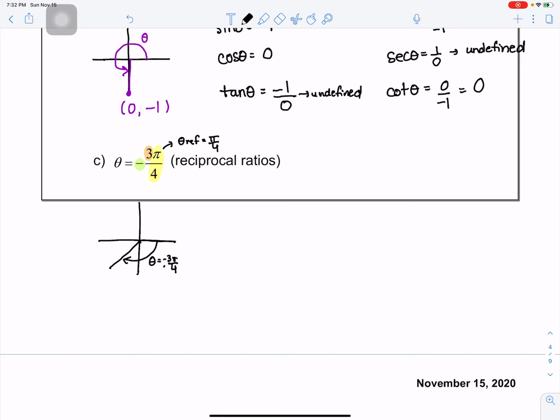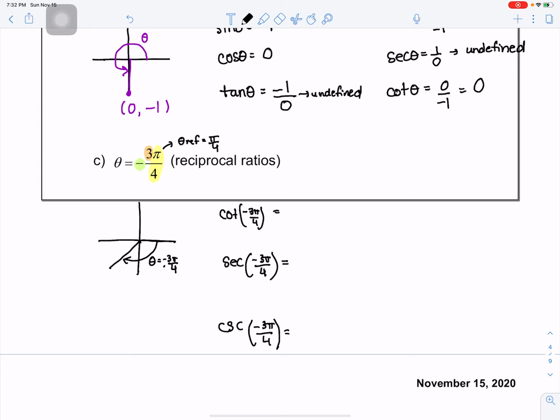Now they gave me the angle in radians, so I want my answers to represent my angle in radians. So cotan of -3 pi over 4, my secant of -3 pi over 4, and my cosecant of theta, which is -3 pi over 4.